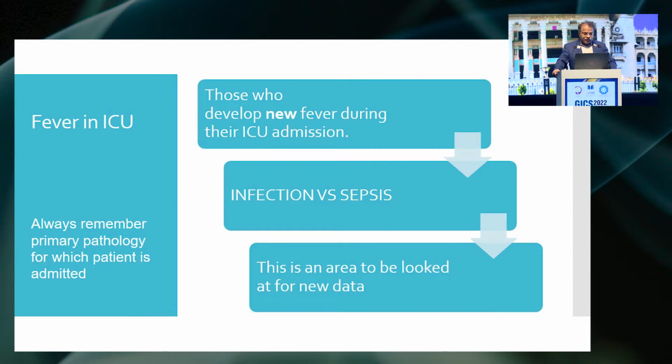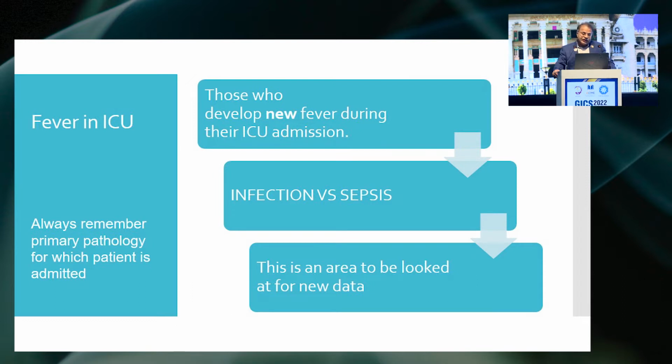And for those who develop fever, you have to differentiate between infection and sepsis. Infection means controlled immune response and sepsis means uncontrolled response. Sepsis is bad, you need to act quickly. With infection, you have time to find the source and control it, and time to start antibiotics.